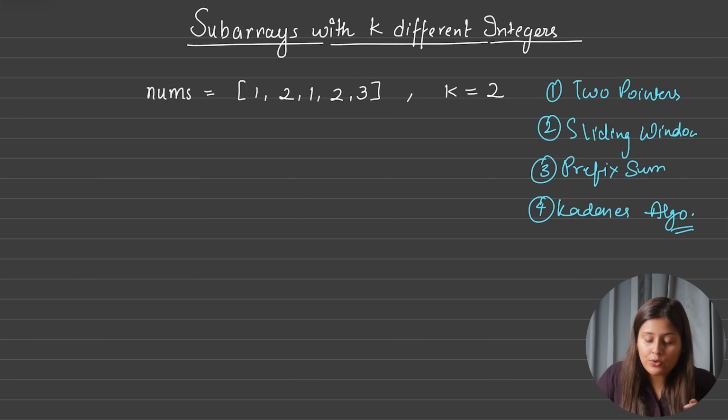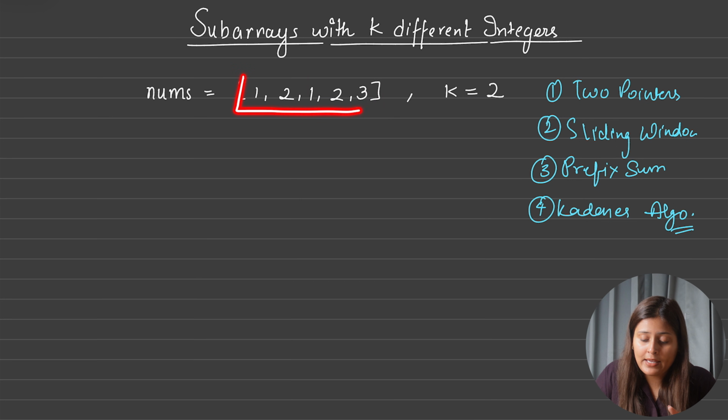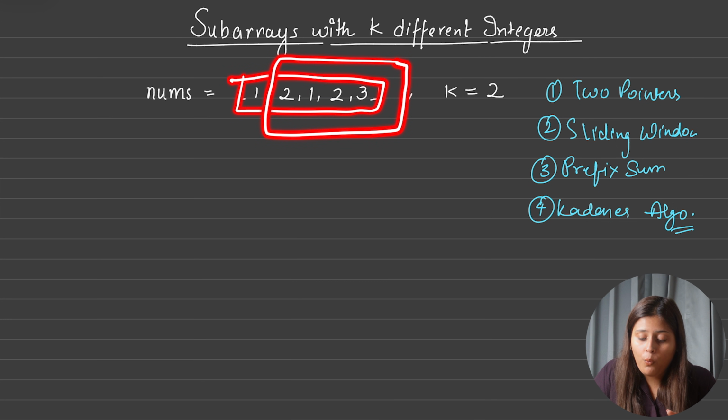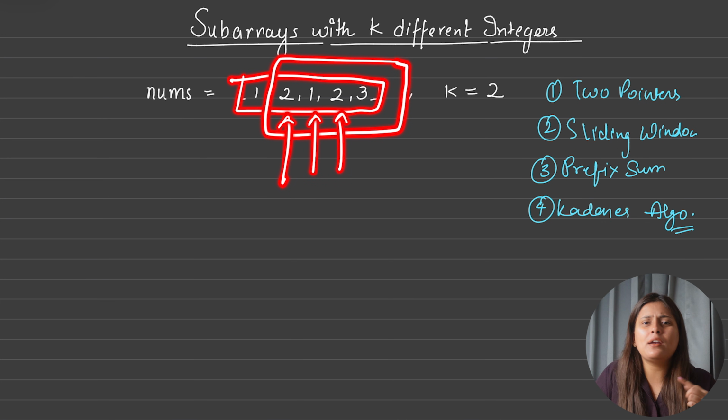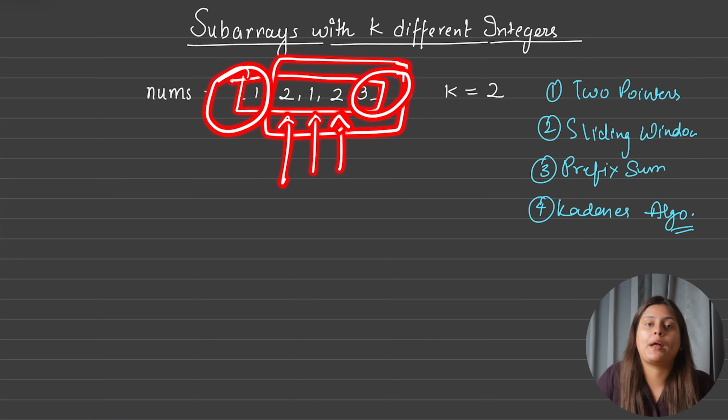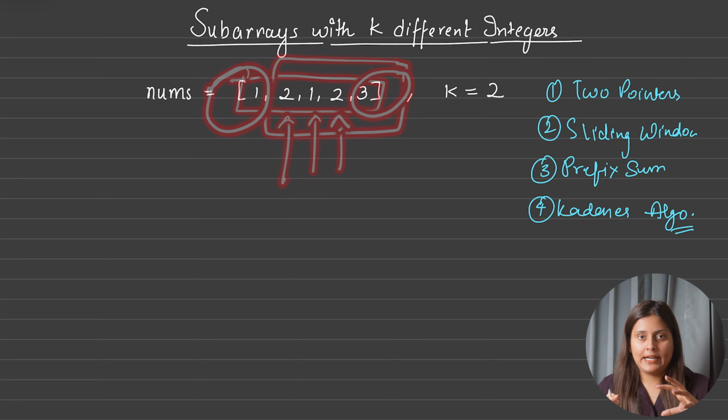So what sliding window says: if in the first subarray and the second subarray's condition, if you see 2, 1 and 2, for this you have already calculated, then why are you recalculating again? Sliding window only says don't recalculate it. Let's see if we can use it. How can we use it? Add this extra one and remove this leftmost one. That is the basic idea of sliding window.